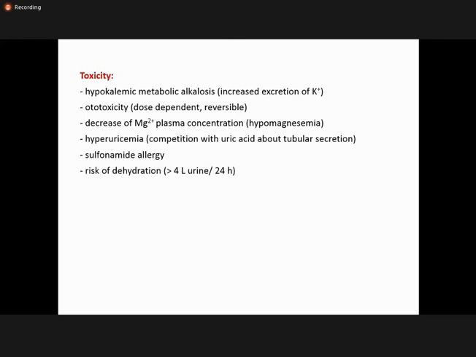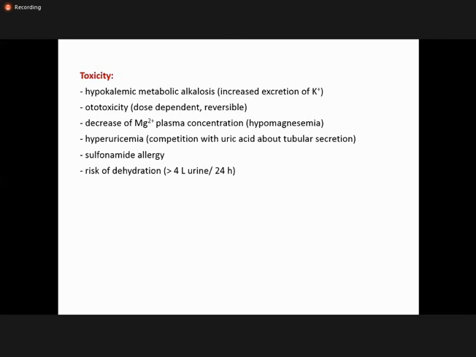Suppose a patient is taking loop diuretics and also starts taking an antibiotic group, aminoglycosides. Aminoglycosides will also be responsible for causing ototoxicity.